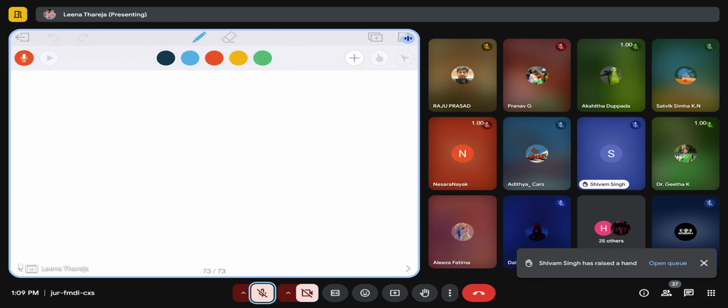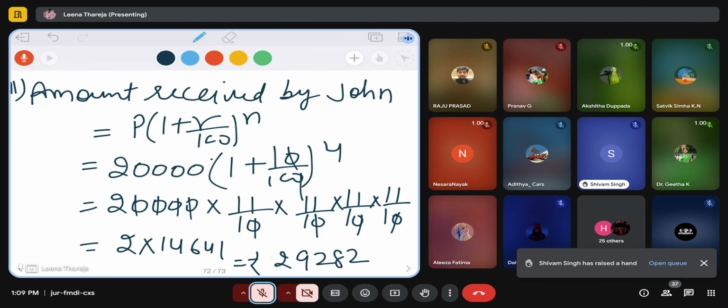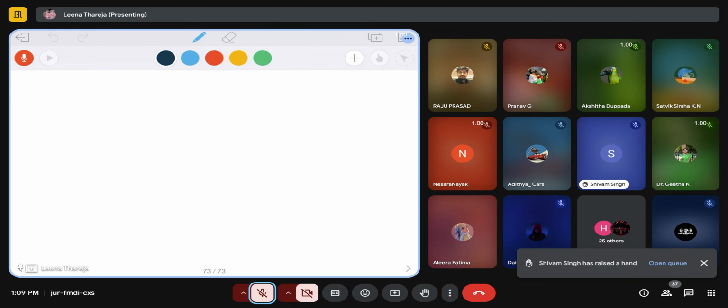At the end, you can write: since both received the same amount, therefore the amount received by Smith is also 29,282. Should I move to the next part?